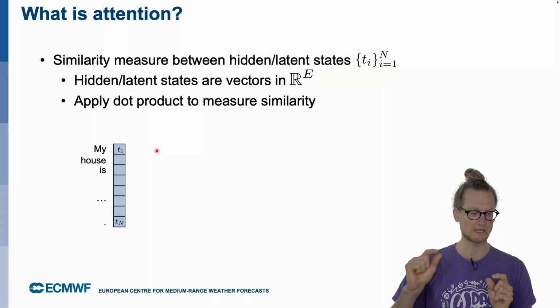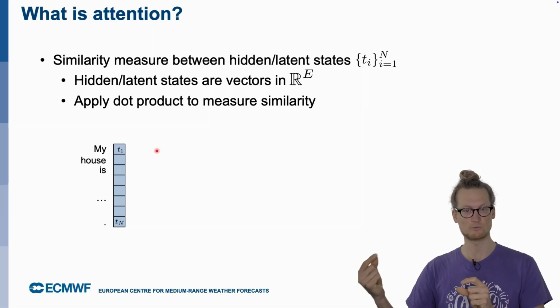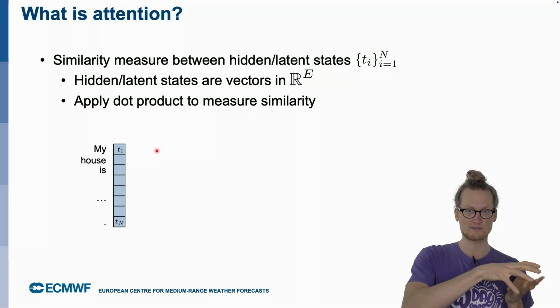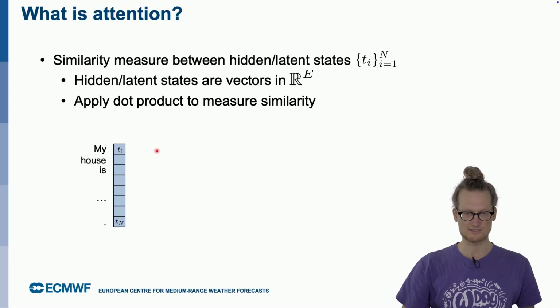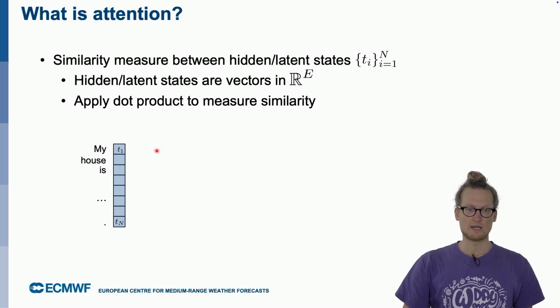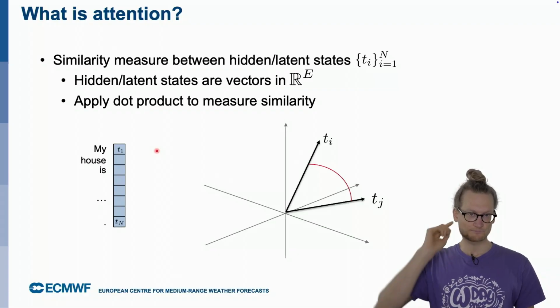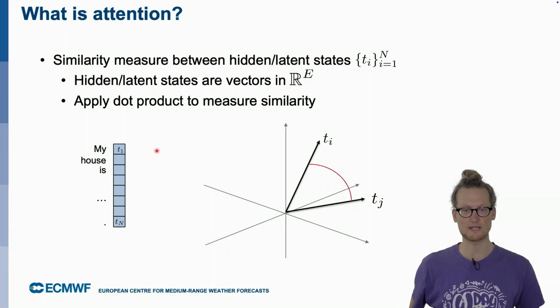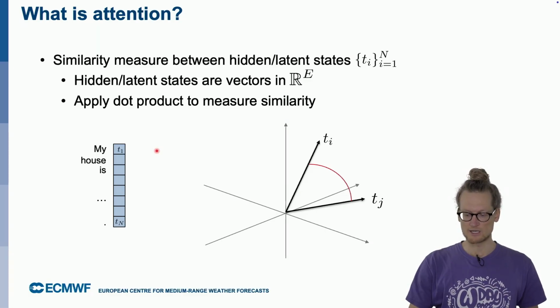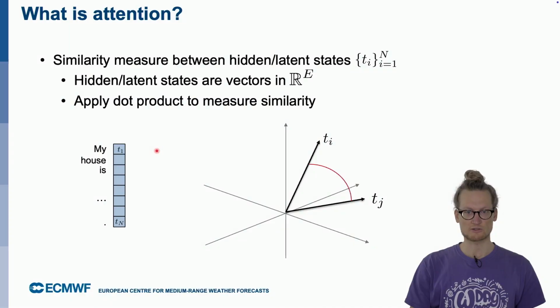To make a reasonable prediction of the next word, I first have to understand the entire sentence, what it says so far. For this, each of these tokens is compared to every other token in the sentence.